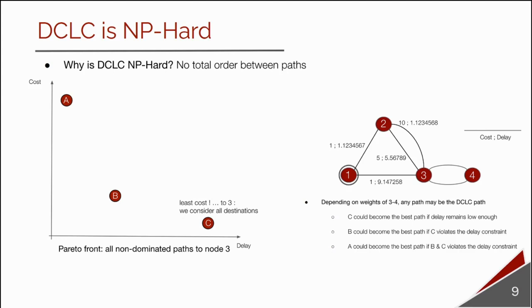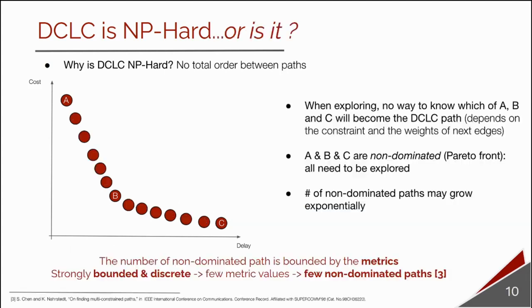The problem is here the Pareto front is small and cute, but it may be very large with a lot of paths. It may actually grow exponentially when you explore the network, which is why DCLC is considered to be intractable and NP-hard. But there is something to consider. It's that if the metrics are bounded and discrete, the Pareto front will not really look like this, but more like this, right?